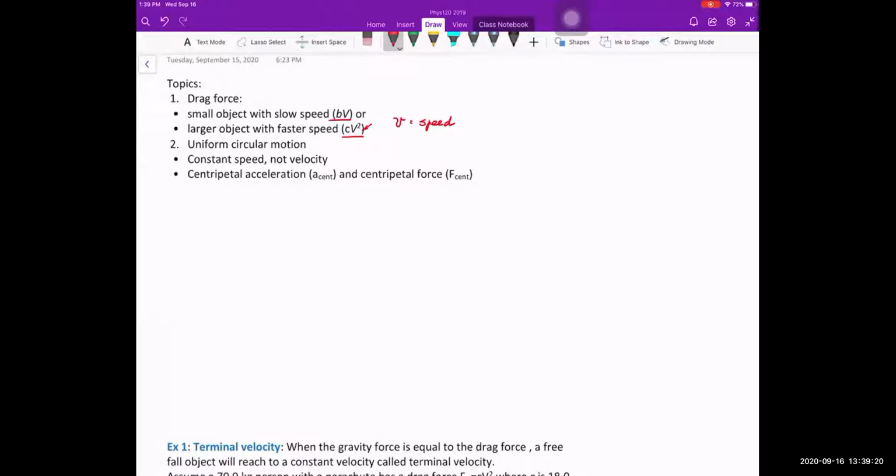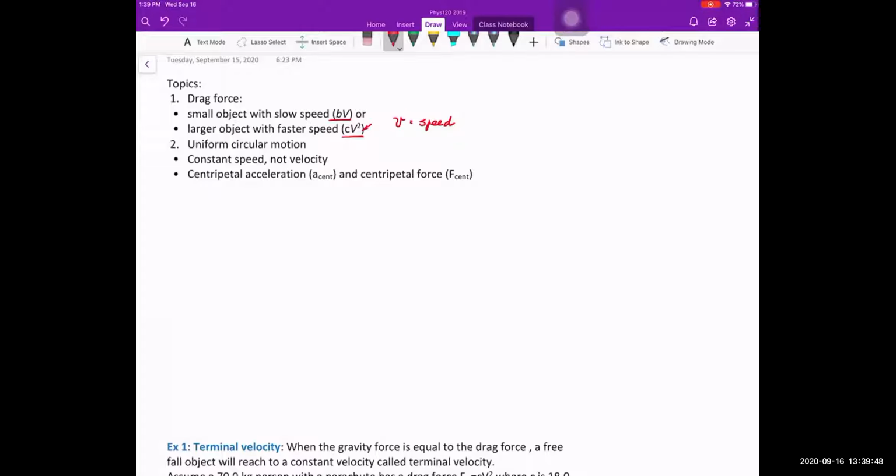Now, what about the b and c? Well, b and c are constants which include anything else but the speed. The shape of the object and maybe the material of the object will actually affect how much the drag force is, and the roughness of the surface might also have some impact on this drag force.